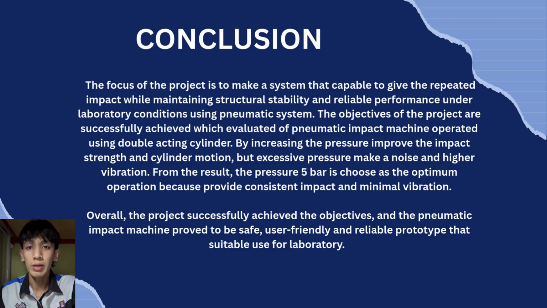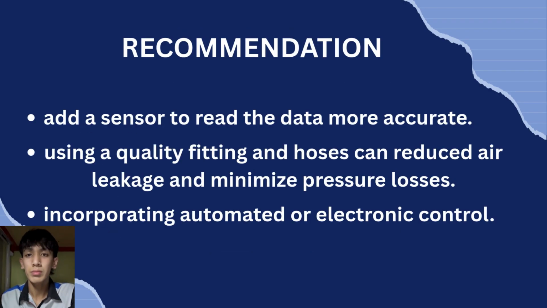The use of a double-acting pneumatic cylinder provided consistent motion, and the system was proven to be safe and user-friendly. Overall, the project demonstrates that pneumatic systems are an effective solution for controlled impact application.